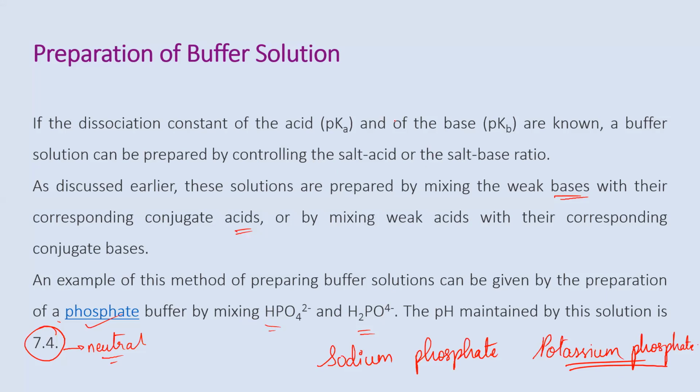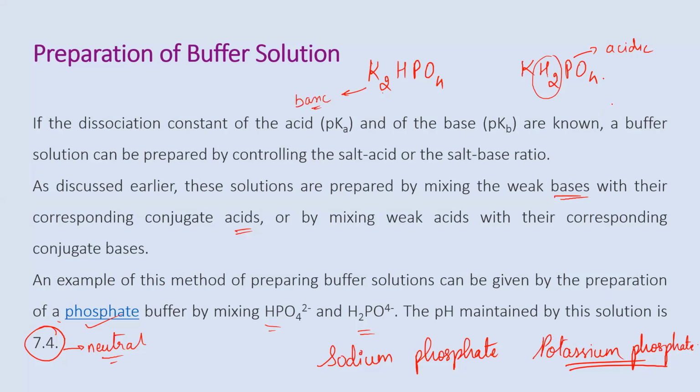So basically what you do here is, if you're talking about potassium phosphate, then there is K2HPO4 and then there is KH2PO4. Okay, dipotassium hydrogen phosphate, potassium dihydrogen phosphate. Here there is H2PO4, so this is acidic, and this is basic in nature.